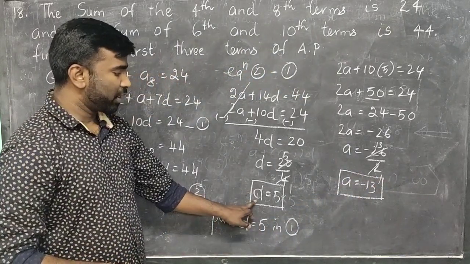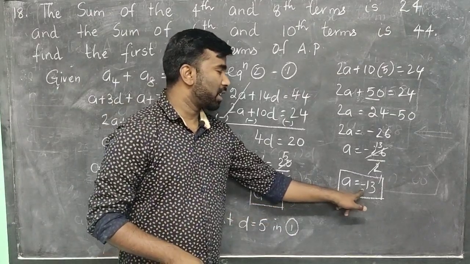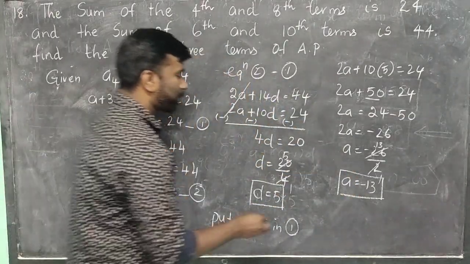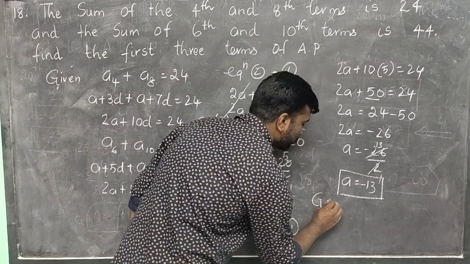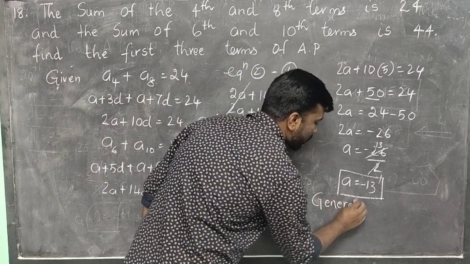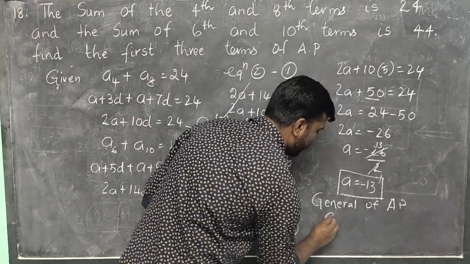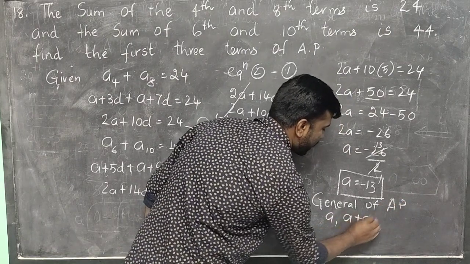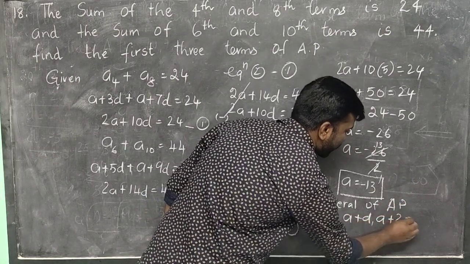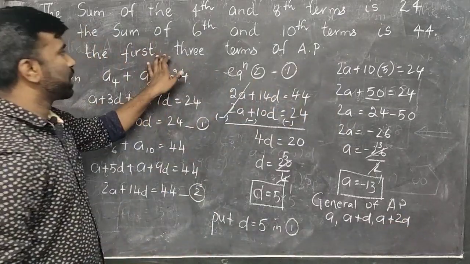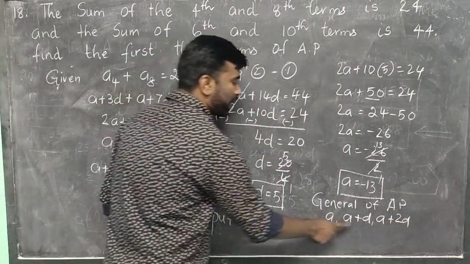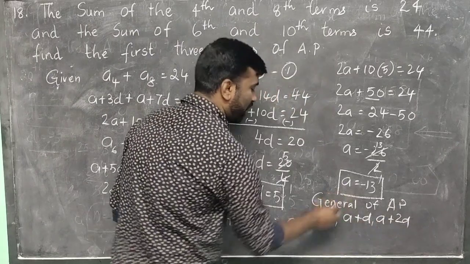Now we got D equals 5 and A as minus 13. Now using the general form of the AP, that is A, A plus D and A plus 2D, we should find the first three terms of the AP. What is the value of A?